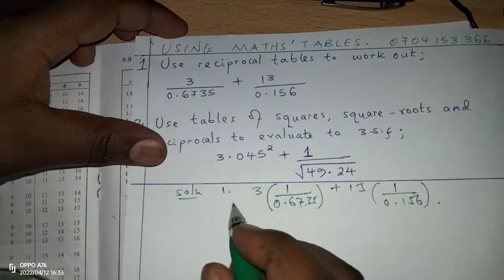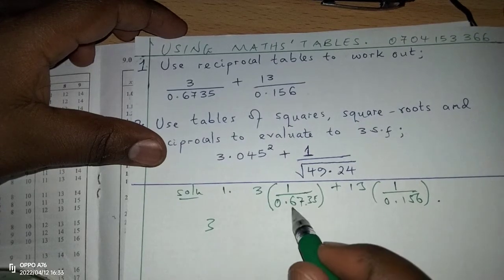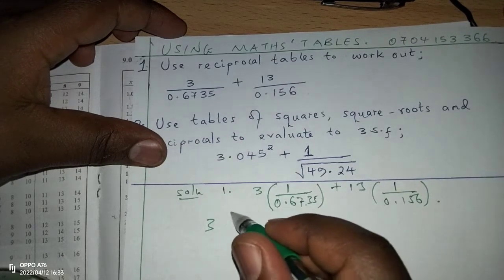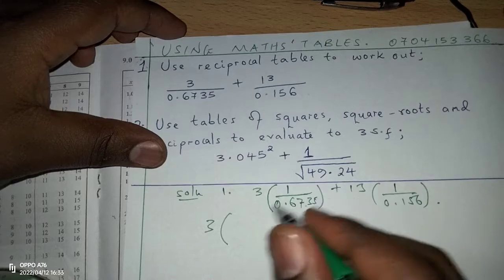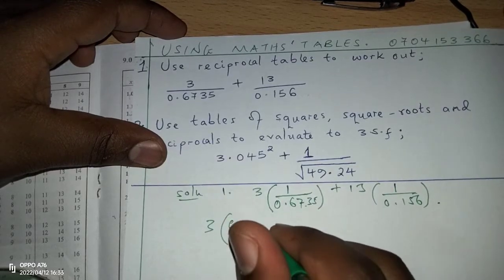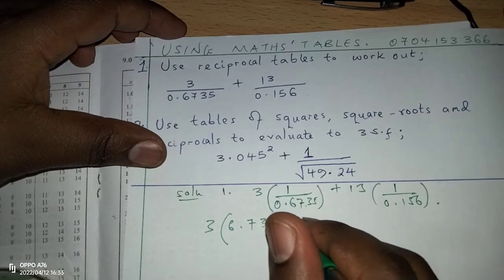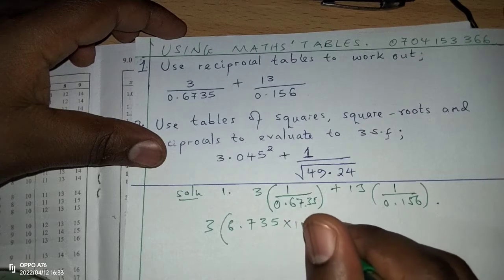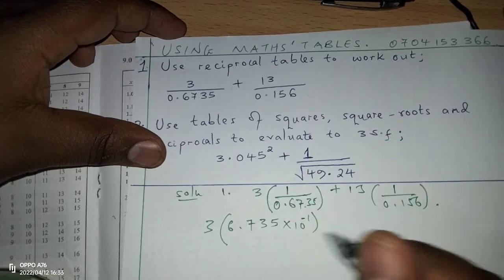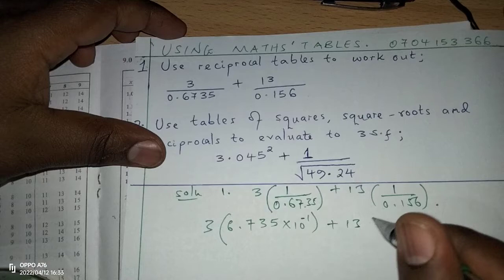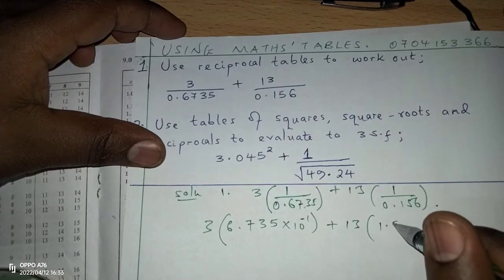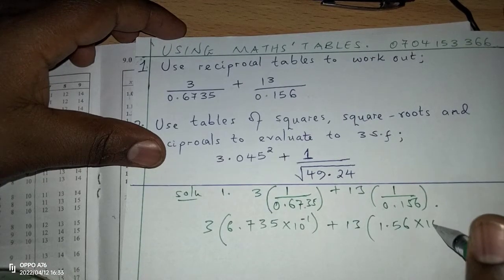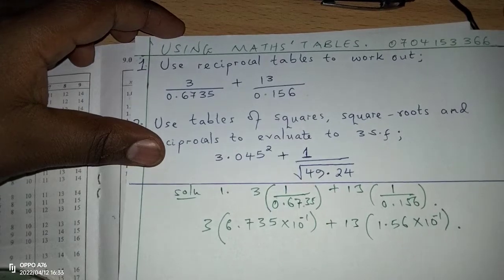So we can start. This is 3. The reciprocal of this number, we first of all write it in standard form, which gets it to 6.735 multiplied by 10 raised to -1. Then we add 13, 1.56 again in standard form, 10^-1.